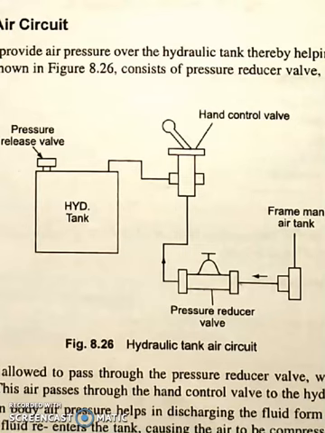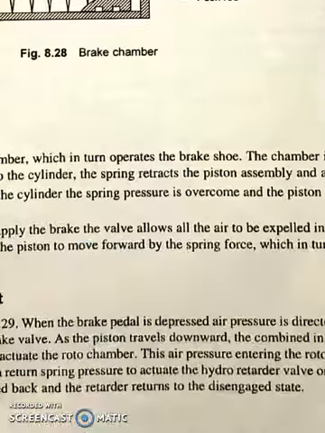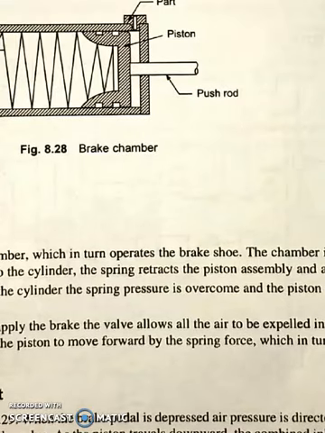The circuit consists of a pressure reducer valve, a hand control valve, hydraulic tank, and pressure release valve. Air from the main tank is allowed to pass through the pressure reducer valve, where air pressure is reduced to between 0.56 and 0.7 kg per centimeter square. This air passes through the hand control valve to the hydraulic tank.